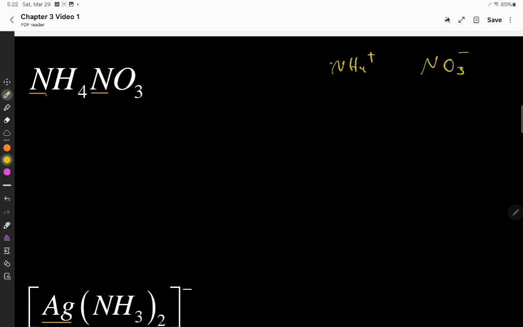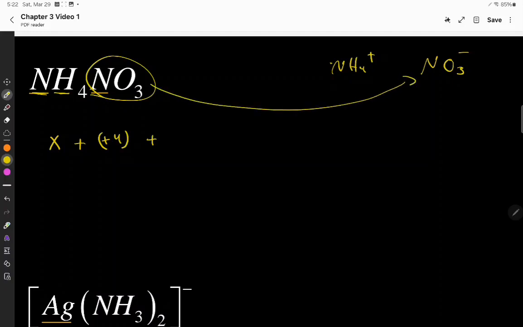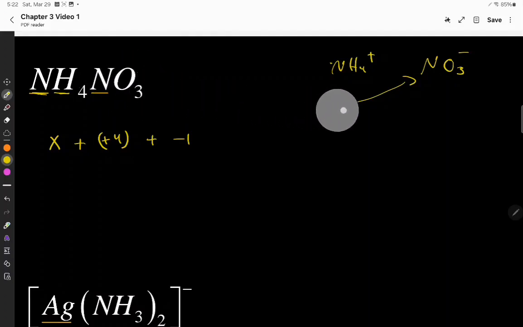So let's first find this N. Let's see, X plus positive 4 of hydrogen, plus all of this we said will be negative 1. I will not count the oxygen separately, I will count it all as one group. All of this equals negative 1.